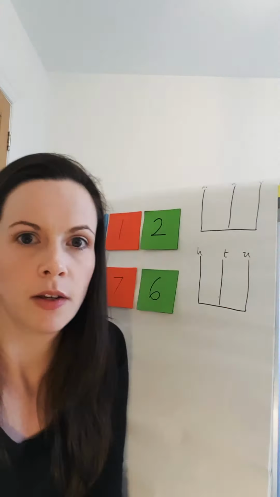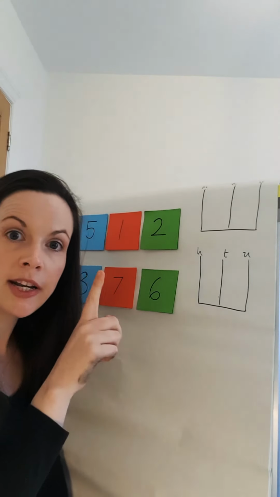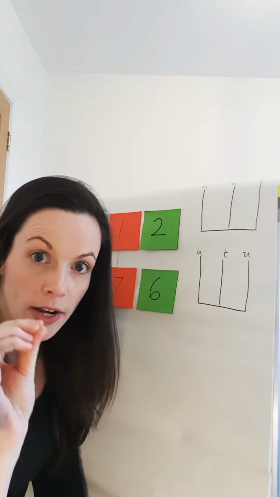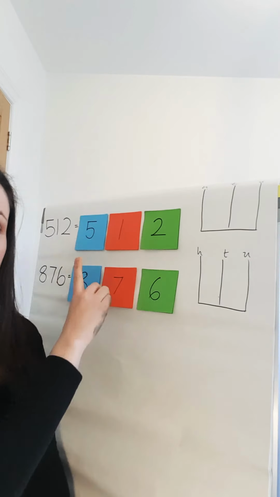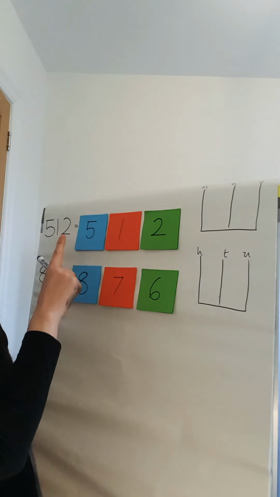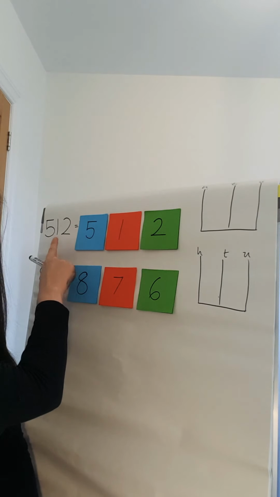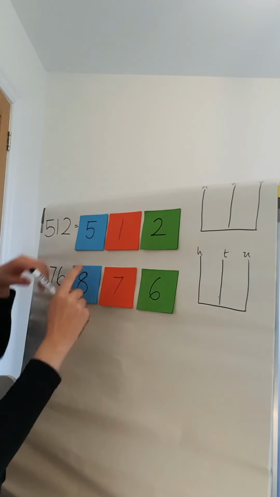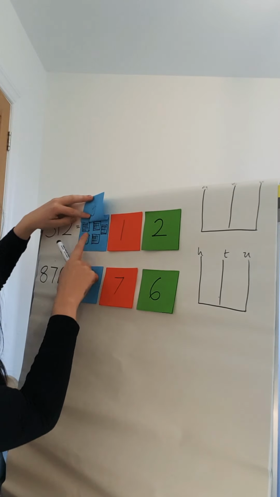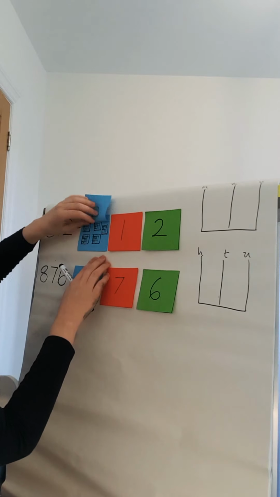Now let's do a really quick activity together on the board. We're going to break down each number into its expanded form, that's what each digit's value is in each place, and then draw it on the abacus. So the number 512. What's in the hundreds place? There's 5 hundreds.